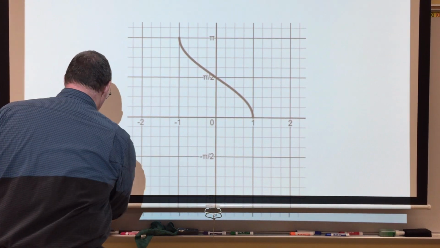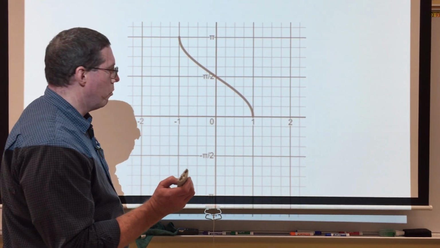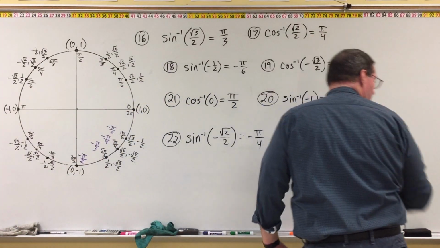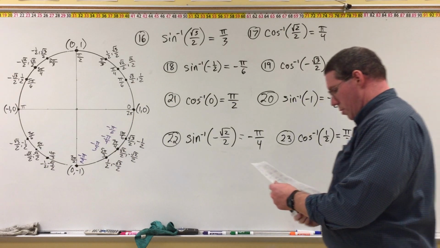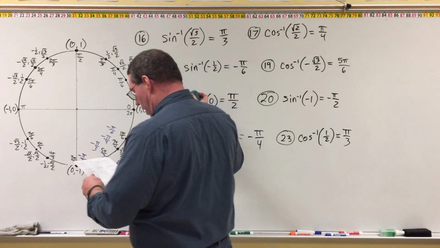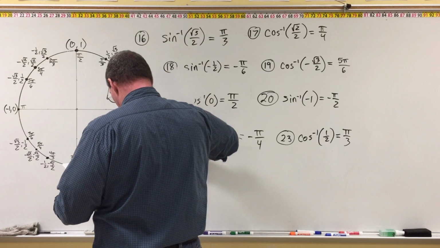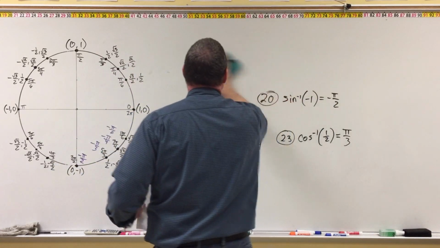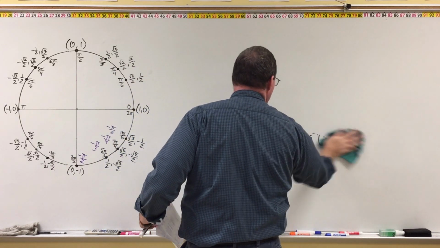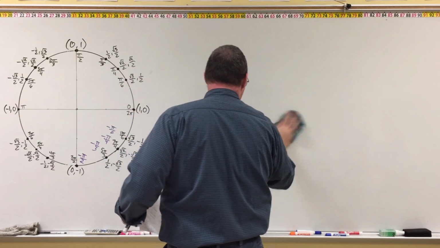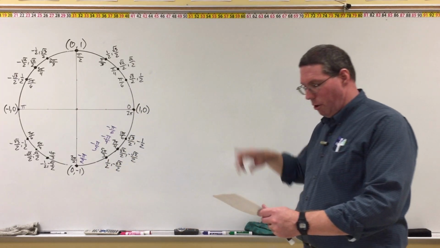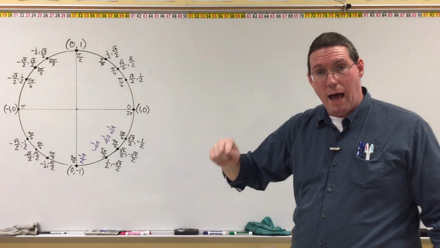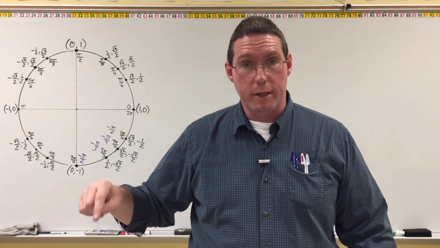All right, so now let's move on to question number 25. For 25 through 30, you are going to need a scientific or a graphing calculator. Everything that we have done up till now, on the exam, you will not have access to a calculator during that time.